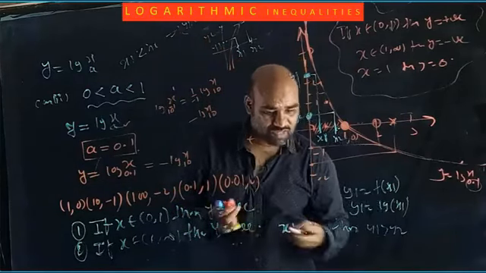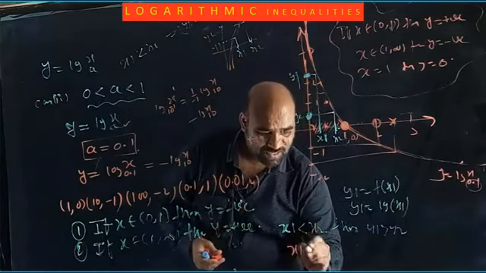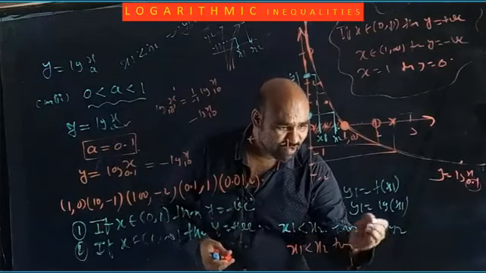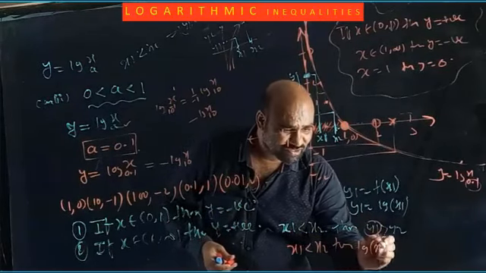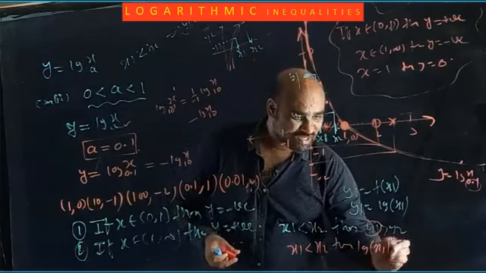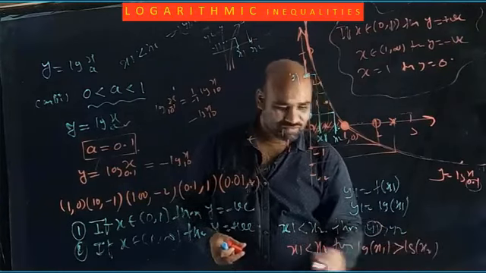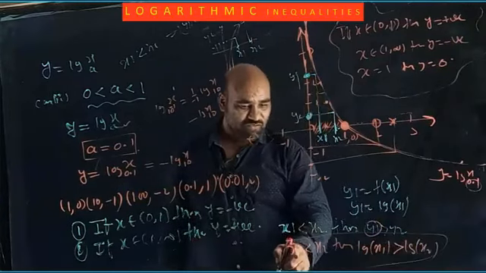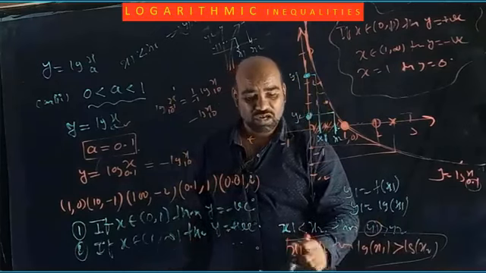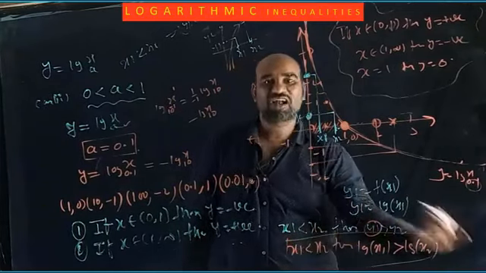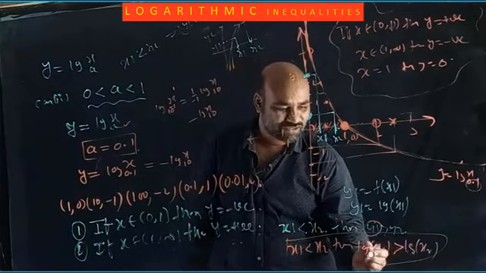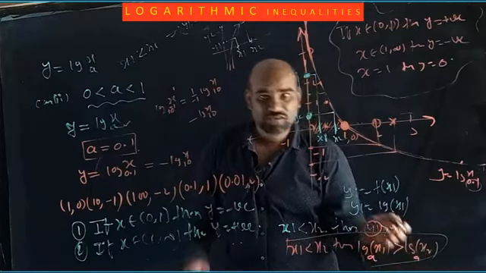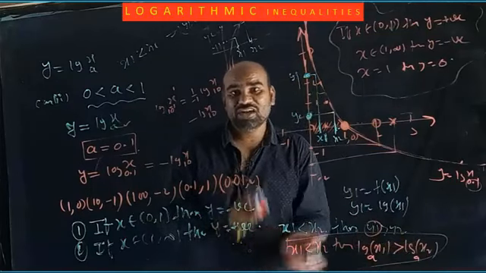Understood? So I can write like this: x1 less than x2. Then y1 means logarithm of x1 is greater than logarithm of x2. Sometimes you can say that if x1 less than x2 and logarithm is applied, the inequality altered. When your base lies between 0 and 1, the inequality will alter.